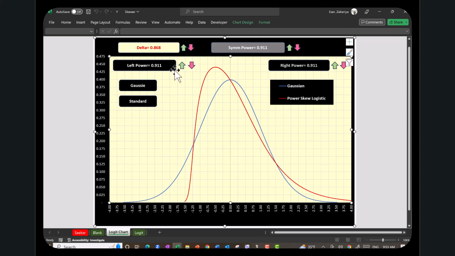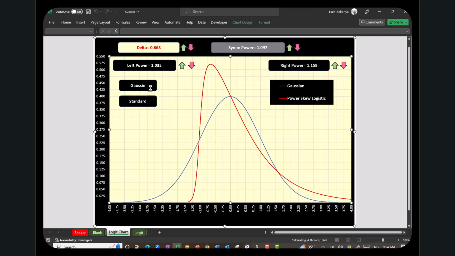These are about powers. In addition to being skewed, I may want to increase the tail thickness. In fact, let me go to the standard version first.